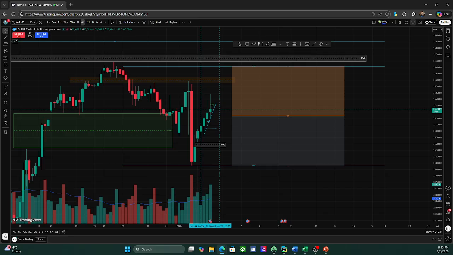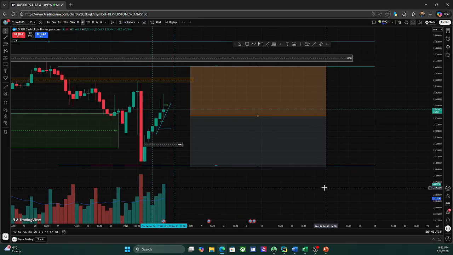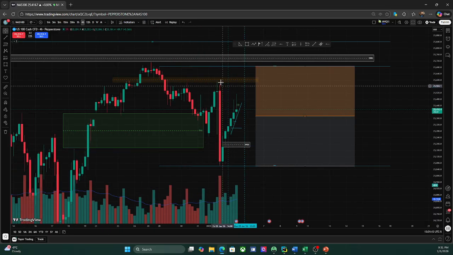We found some interesting stuff, and we talked about weekly liquidity magnets. We're talking about price coming to this PD array, this inversion fair value gap. We talked about premium and discount, and about another gap that price will most likely go and take.